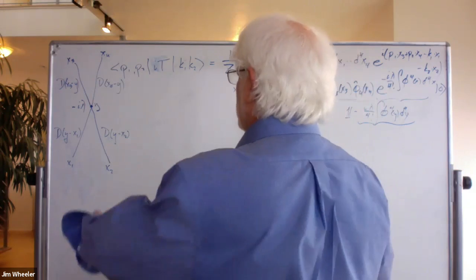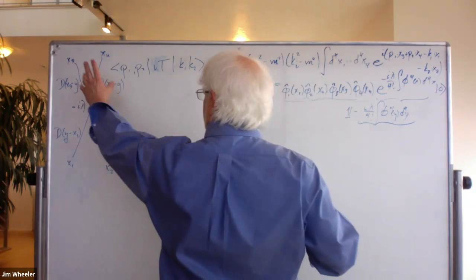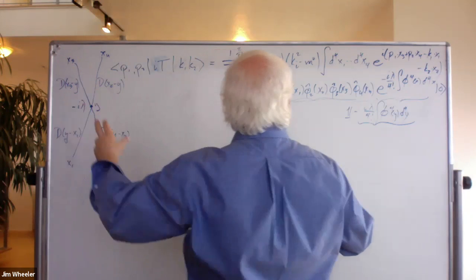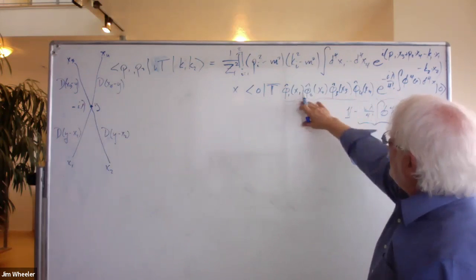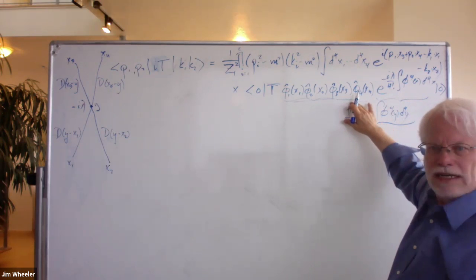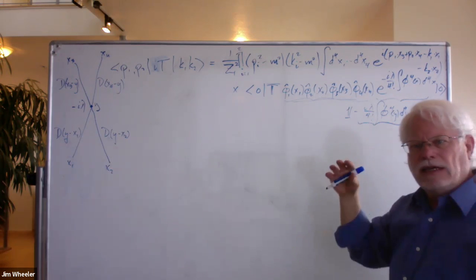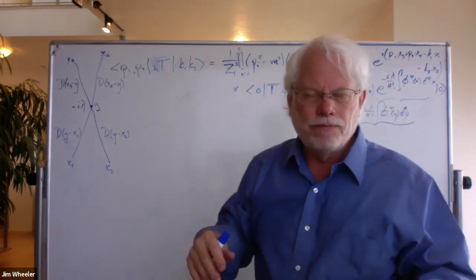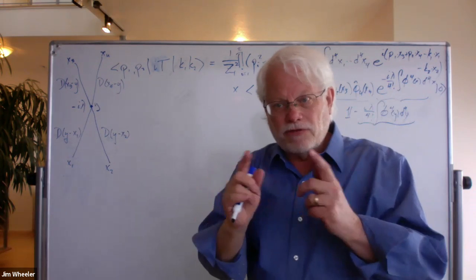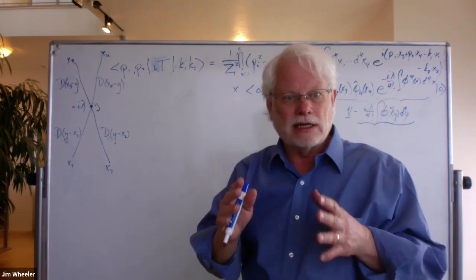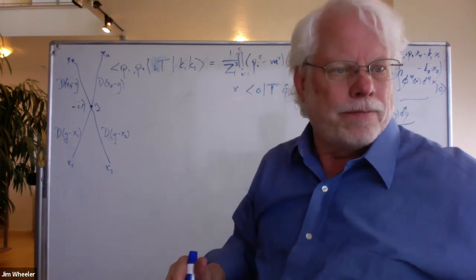So what we have, we're going to have 8 fields phi. They're the 4 in and out states, and there are 4 from this 1st order correction. So we're going to have 8 factors of the field. The propagators come from pairs, so we're going to have a product of 4 different propagators here.